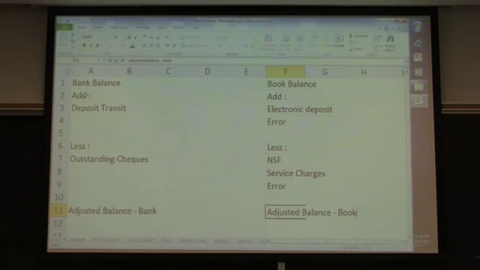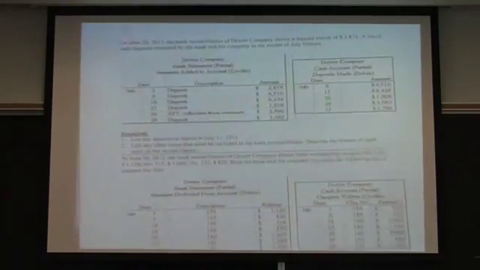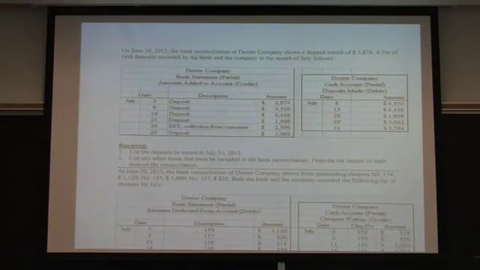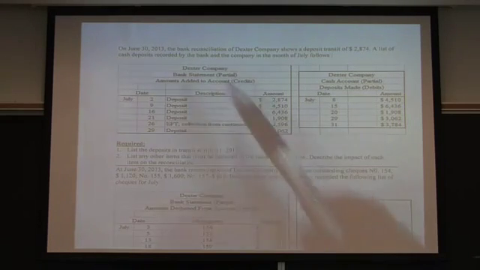So I would like to take up an exercise with you on this particular case, taking a look at the situation at the Dexter Company. In this particular question, we have provided you with a schedule that identifies what has been cleared through the bank on this side of the table.